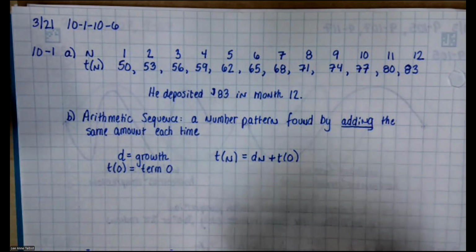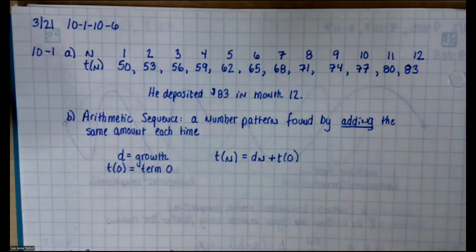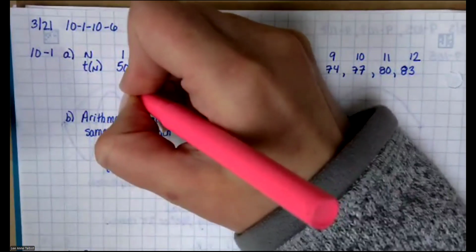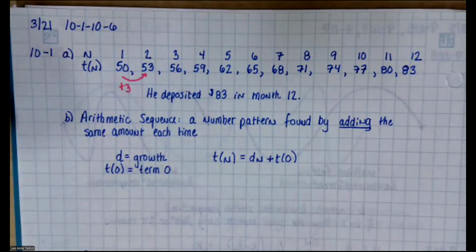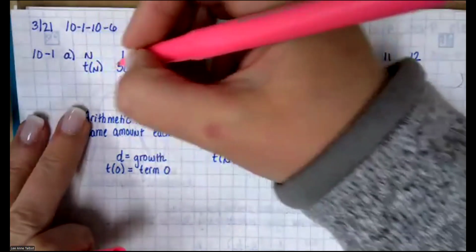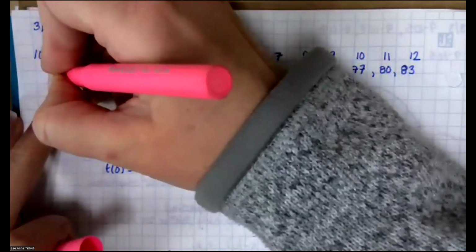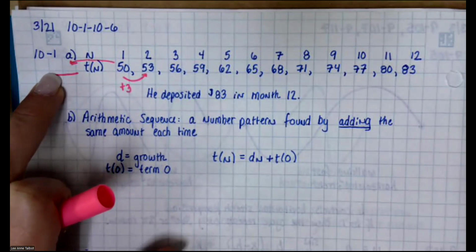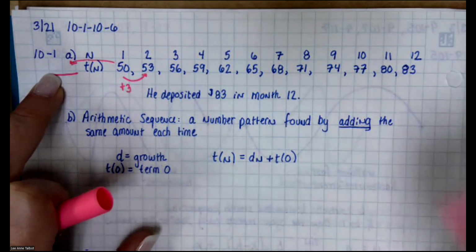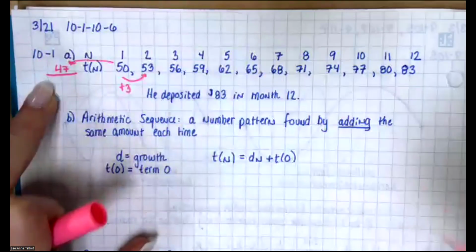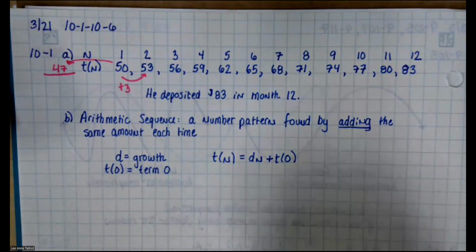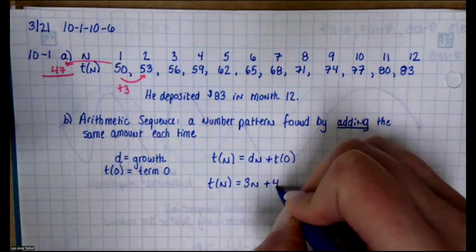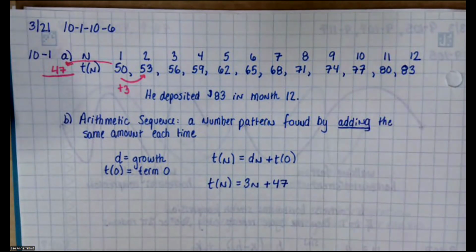Okay, in this problem, in Angela's college savings problem, d is 3 because it's going up 3 each time. And term 0 would be the number in front, which would be what? 47. So the equation is T of n equals 3n plus 47.